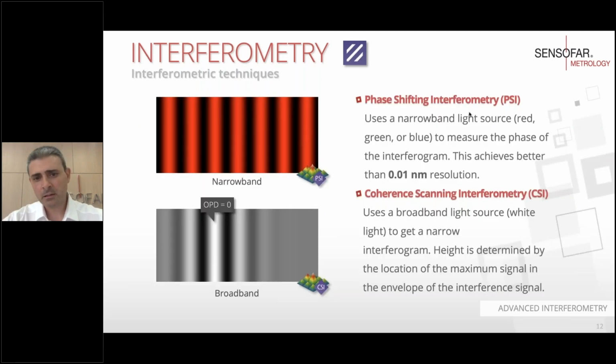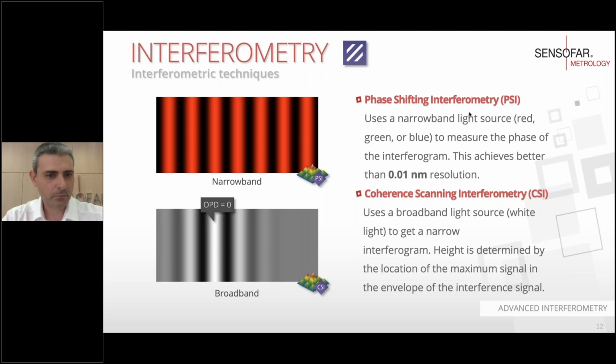Depending on the properties of the light source, we will be dealing with two kinds of interferometers. We call them the phase shifting interferometer and the coherence scanning interferometer. The phase shifting one, at the top, uses a monochromatic light source. On Sensofar systems, we have monochromatic LEDs inside the microscopes, and we are able to use red, green, or blue LEDs to perform the phase shifting interferometry that I will explain in the following slides.